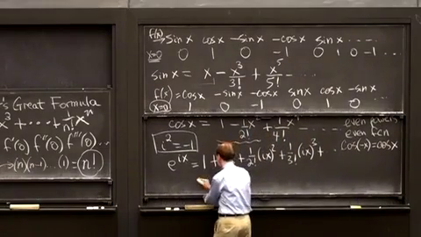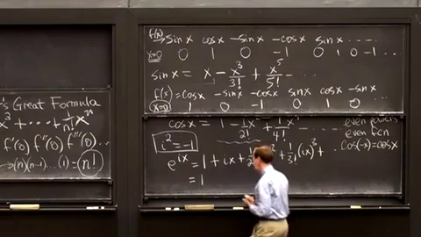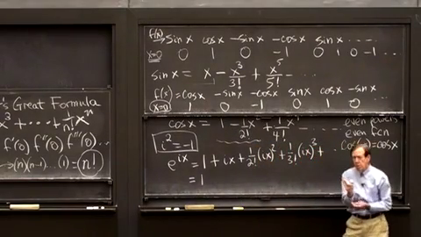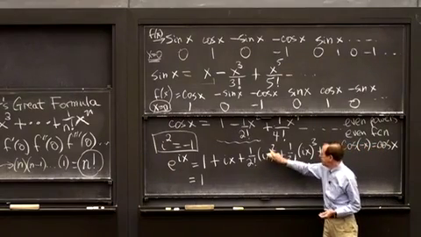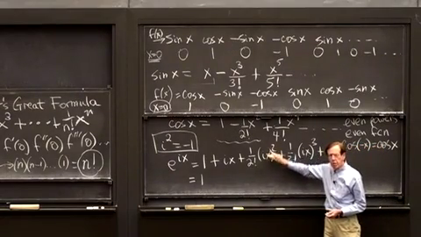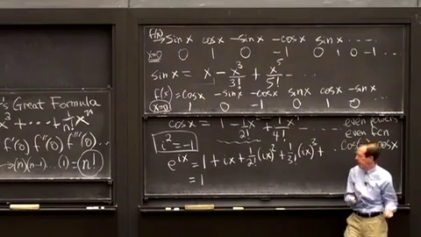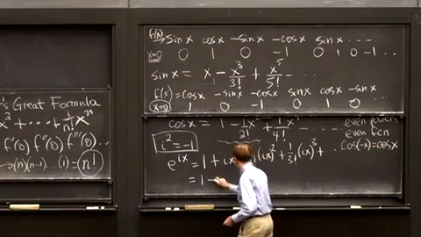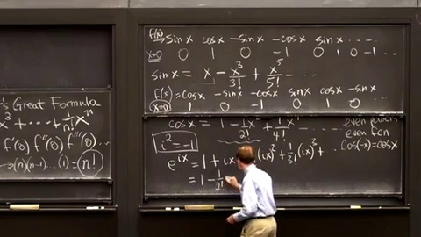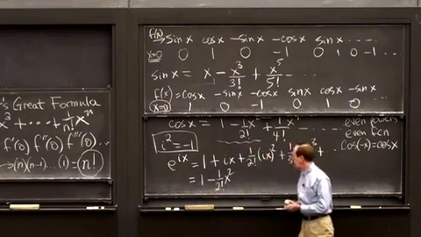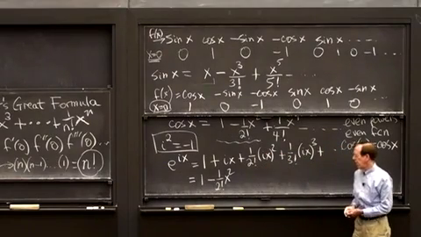Okay, I see 1 is certainly a real number. Do you see the next one that's real? It comes from this i squared. That i squared I can replace by minus 1, perfectly real. So it's minus, from the i squared, 1 over 2 factorial, x squared is still there. The i squared was minus 1, that's all.